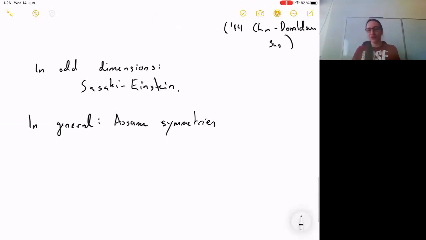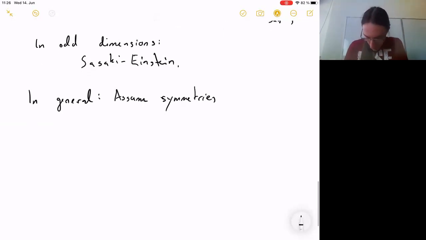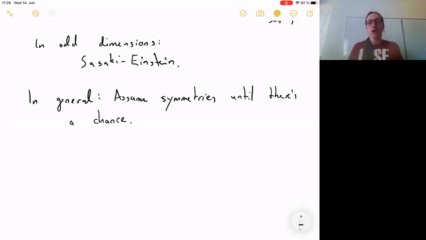So in general, we're going to assume symmetries until the problem is so easy that we can solve it. Until there's a chance. So of course, the easiest thing you can do is look at homogeneous metrics. They can't really assume more symmetries than homogeneous.